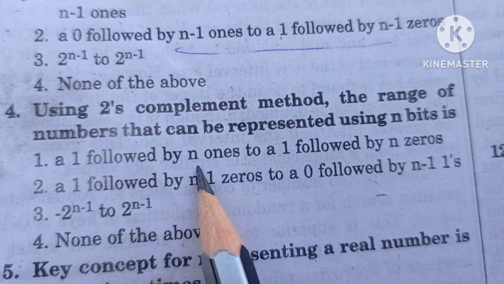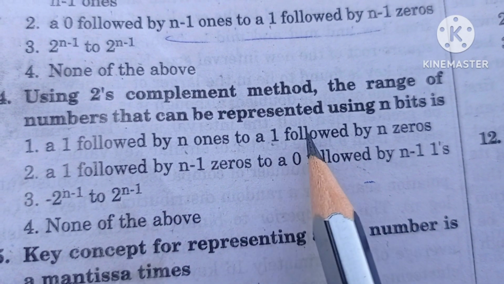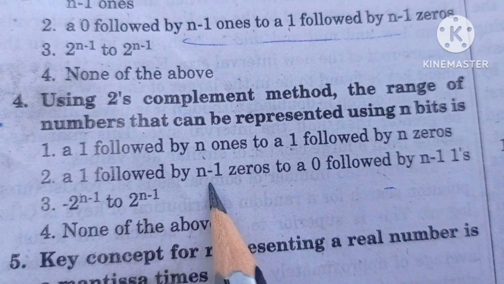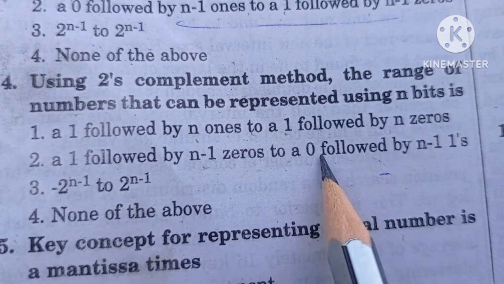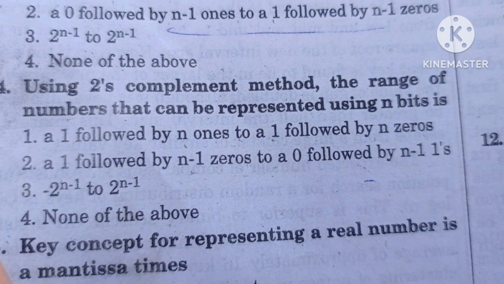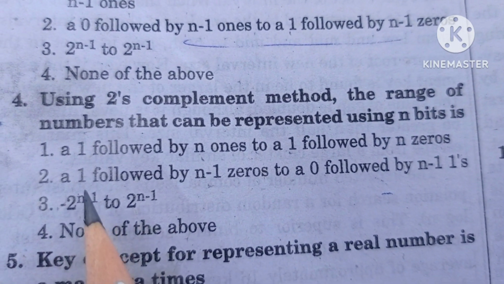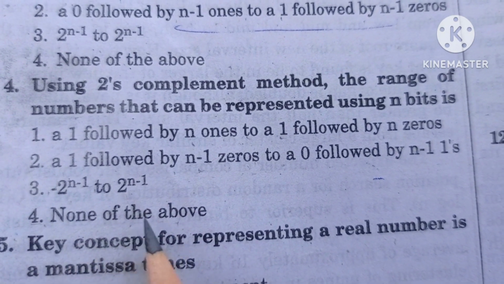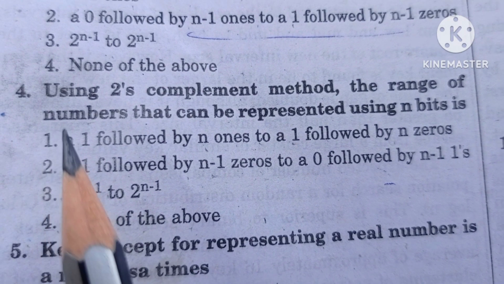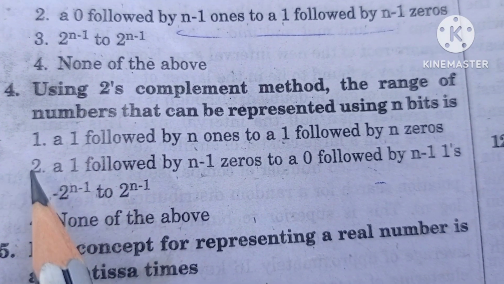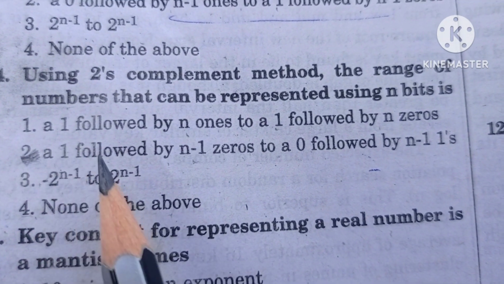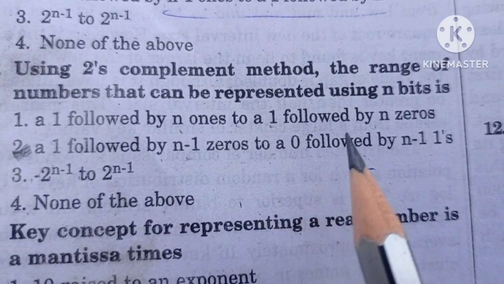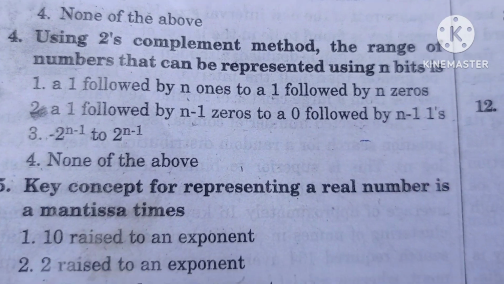Options: 1 followed by n ones to 1 followed by n zeros; 1 followed by n minus 1 zeros to 0 followed by n minus 1 ones; minus 2 power n minus 1 to 2 power n minus 1; none of the above. Answer is 2: 1 followed by n minus 1 zeros to 0 followed by n minus 1 ones.